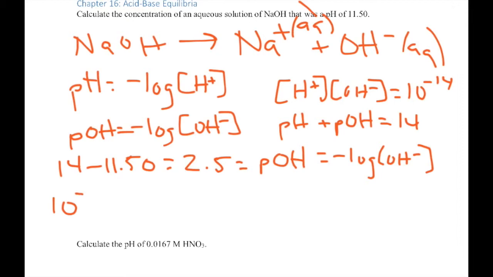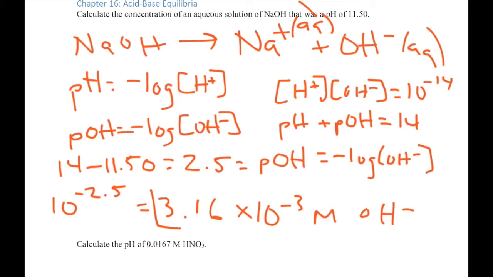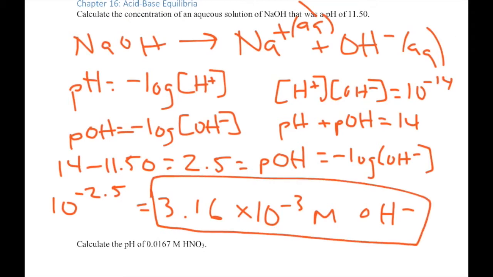So 10 to the negative 2.5 will give us 3.16 times 10 to the negative third molar. And that will be the molarity of the NaOH that's in solution.